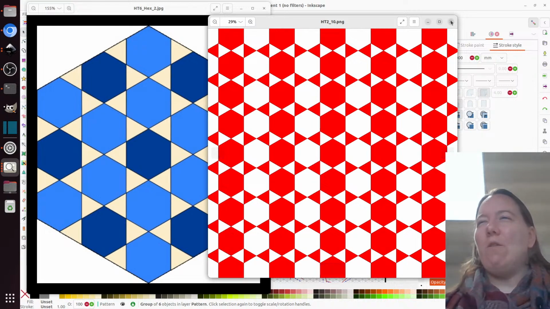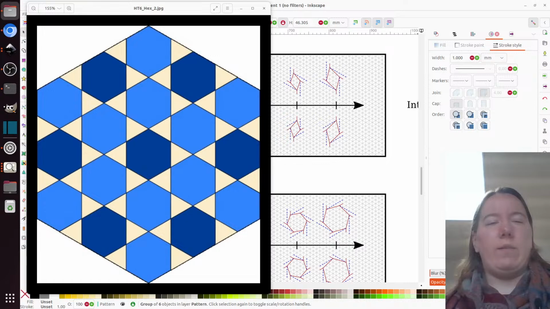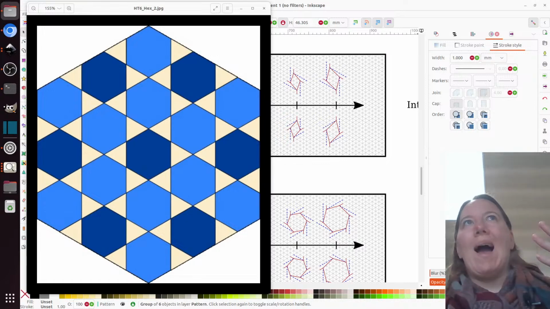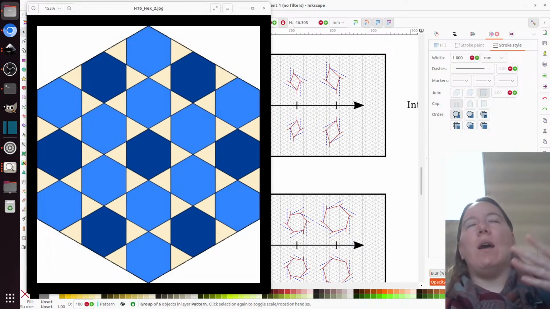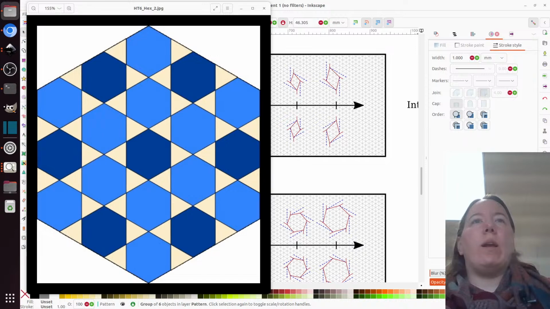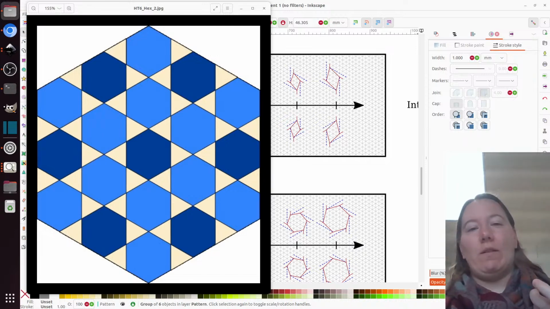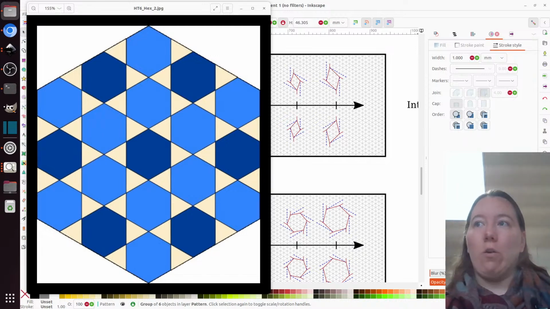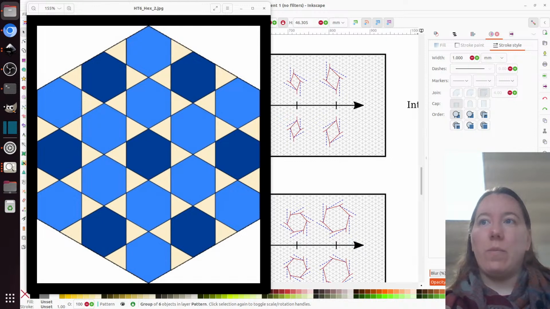So those are the 3 folding styles that I work with and that I see as possible when you're working in a tiling mindset for folding your origami tessellations.